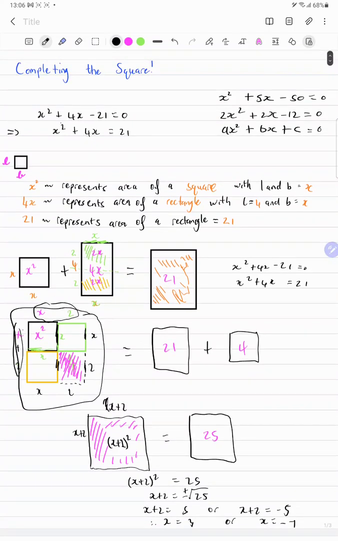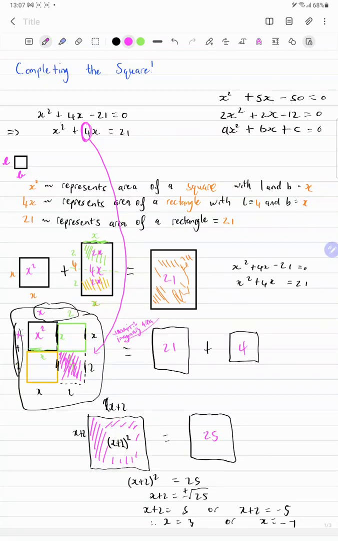So the reason why you halve the coefficient of the second term and then square it is in order to find the reason why. Okay, let me repeat that. The reason why we halve this coefficient and then square it is so that we can add this imaginary area in order to complete the square, to make this a perfect square.